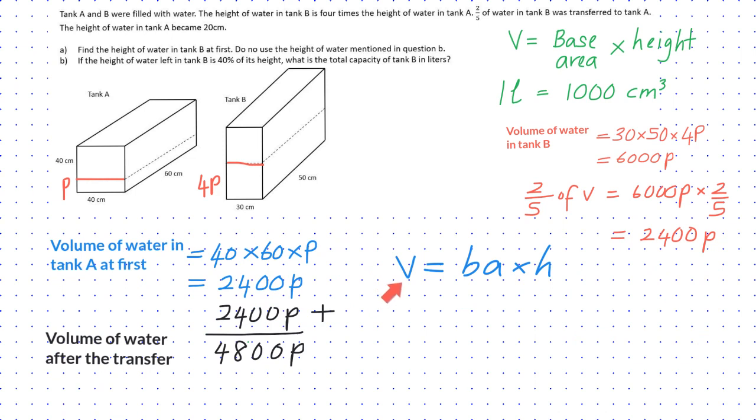Okay, so we know the volume of water in tank A after the transfer, which is 4800 P, and the base area, which is 40 into 60 cm, and the height, which has been given to us. It says that the water in tank A became 20 cm.